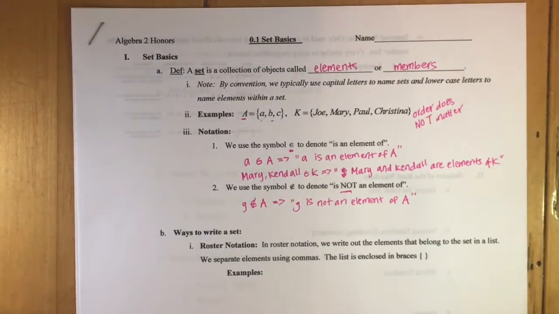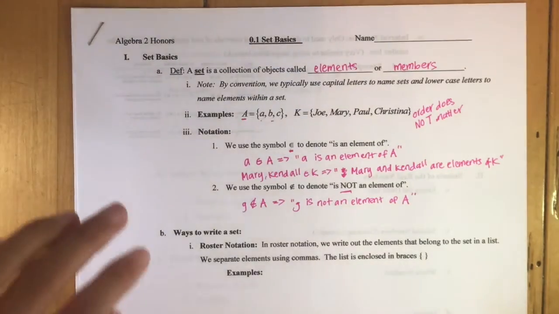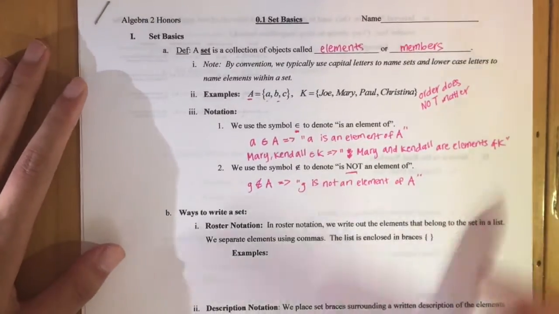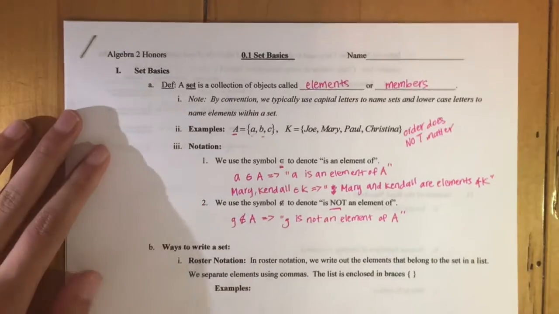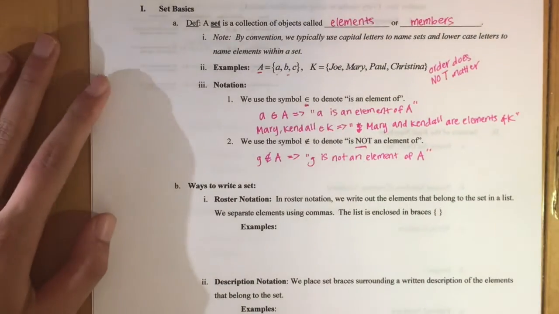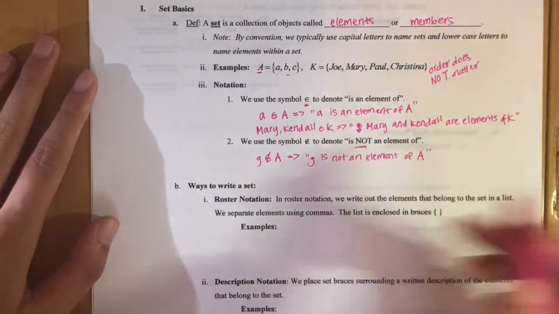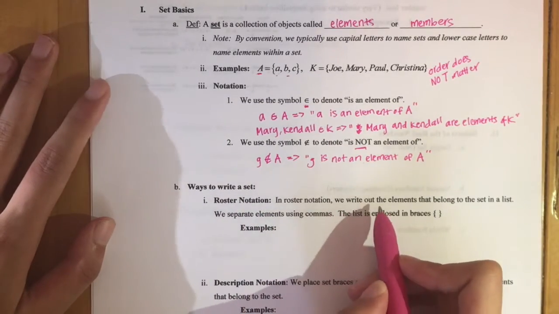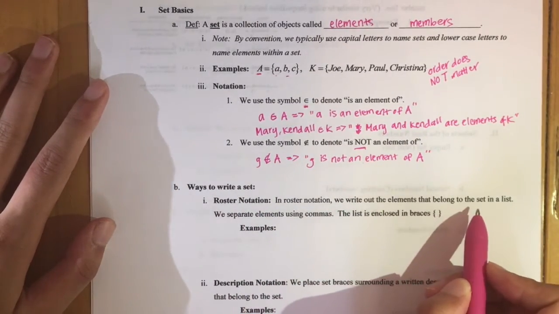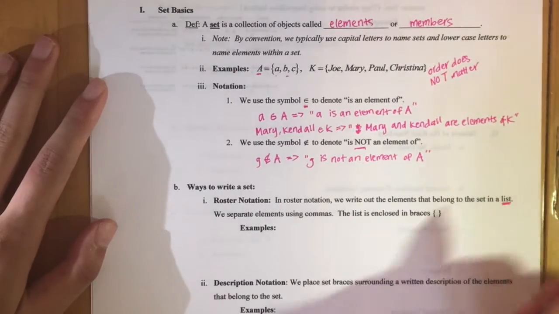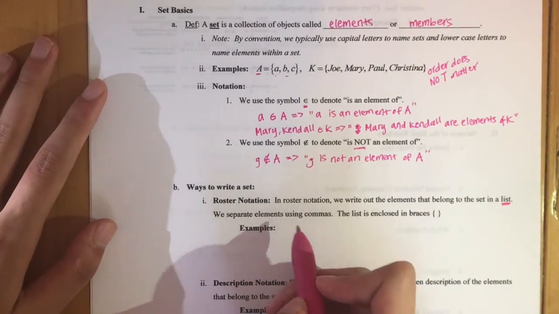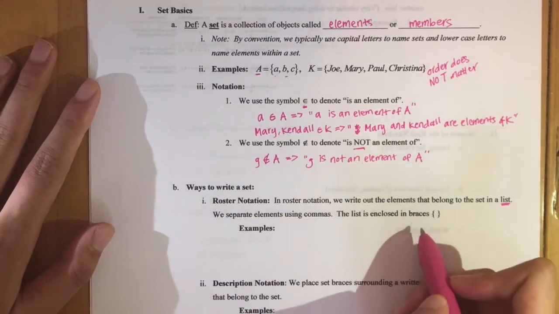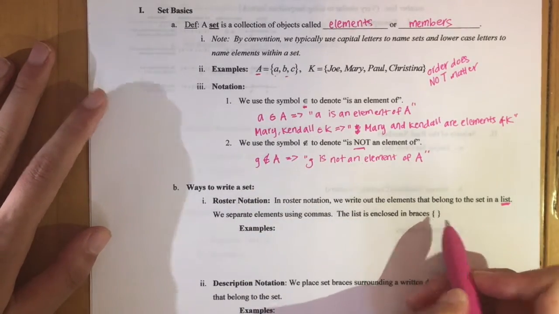It does not matter. The different ways to write a set, so there are, I think, 4 different ways that we can do this. So the first way is by something called roster notation. So in roster notation, we write out the elements that belong to the set in a list. And we separate the elements using commas. And the list is enclosed in braces.